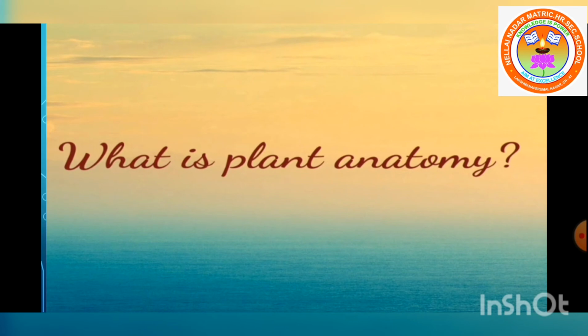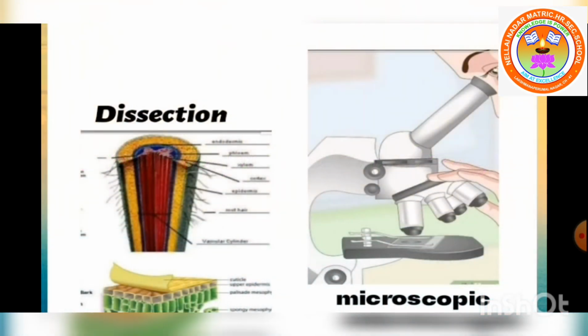So what is plant anatomy? Anatomy is derived from two Greek words, ana asunder, tamnin to cut, to study the internal structure and organization of plants, especially of their parts, by means of dissection and microscopic examination.